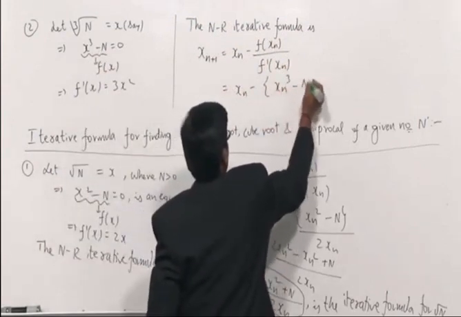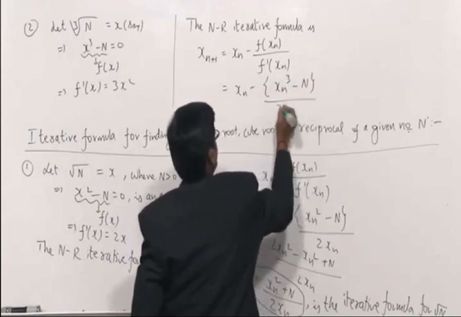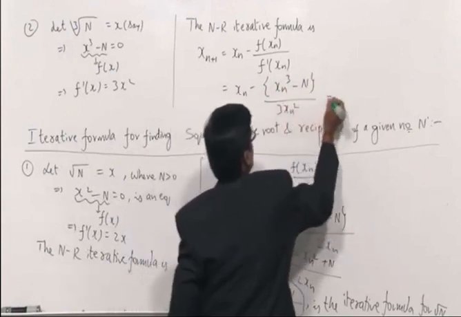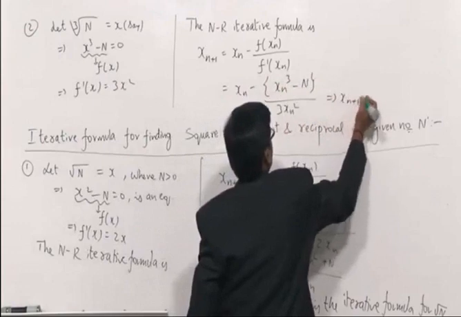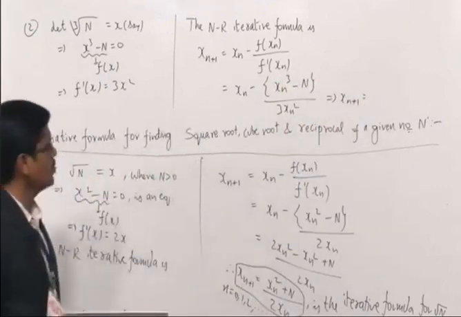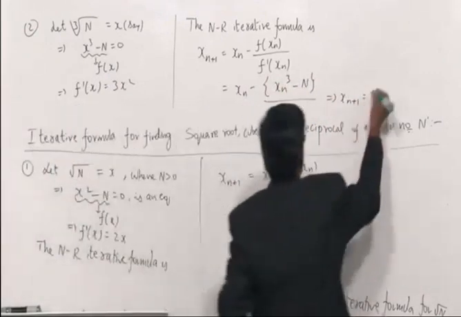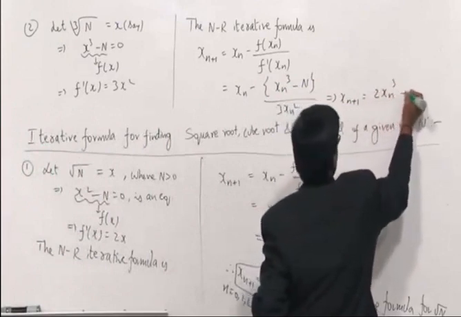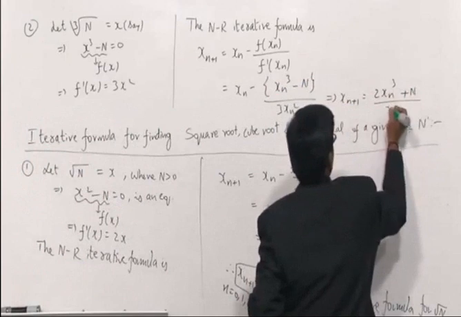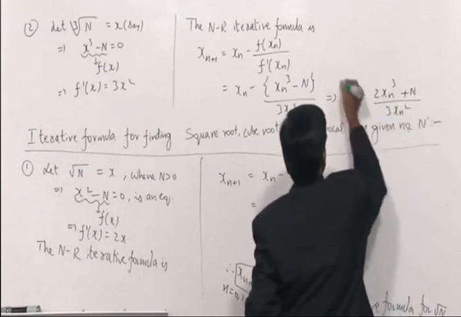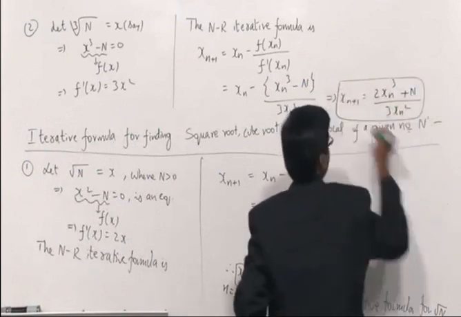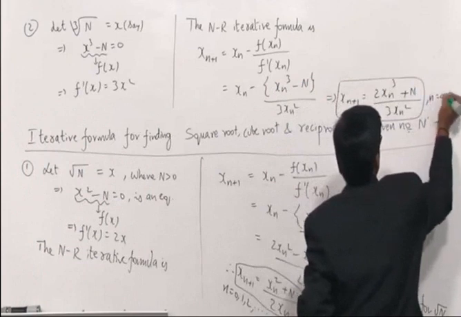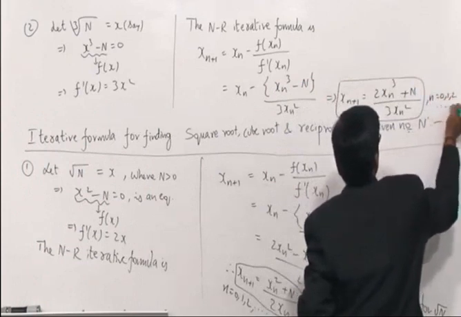Xn cube minus n divided by 3xn square, which implies, writing directly after simplification as above, this is going to (2xn cube plus n) divided by 3xn square, n is equal to 0, 1, 2, and so on.